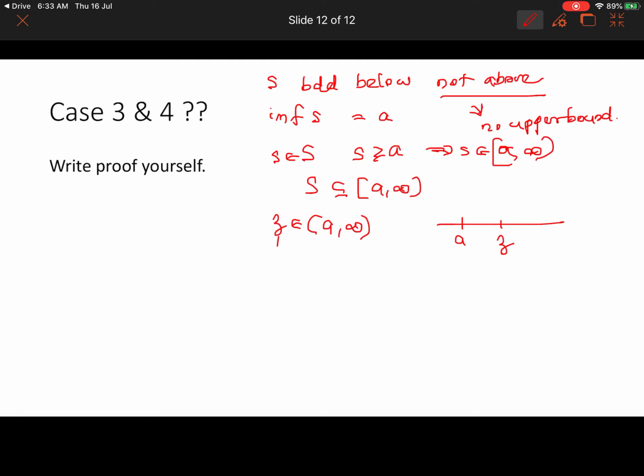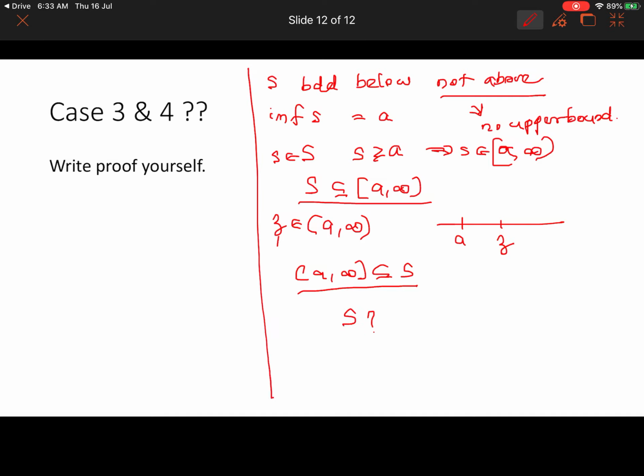So you will get something. Use that to show that the open interval A infinity is contained in S. So S is contained in closed A infinity and open A infinity is contained in S. Then what is S? Is it an interval? This is case 3.